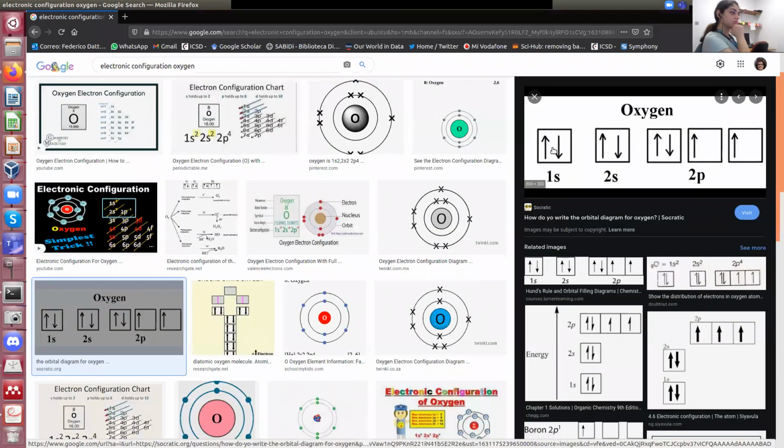So if we see here, we are actually considering the 2s and then the 2p. You know very well what is expected in oxygen: since you have 4 electrons on the p orbital, you should have 2 electrons here and then 1, 1.